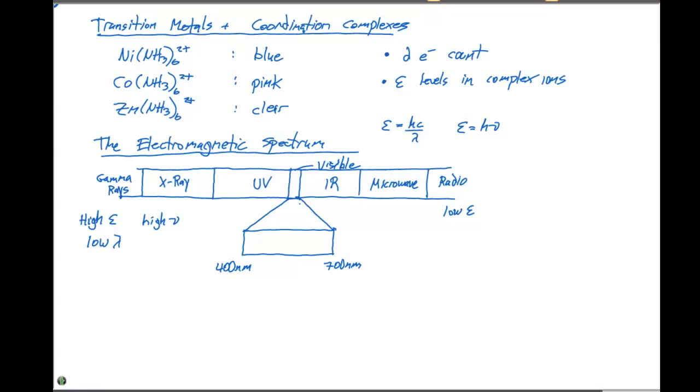I expect you to know those numbers off the top of your head. And I also expect you to put all this radiation in order of increasing or decreasing energy. This would include the colors that are in that spectrum. Okay? We have the Roy G. Biv acronym that we use, right?